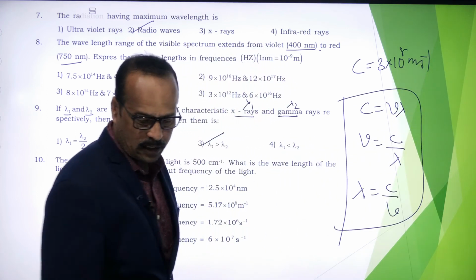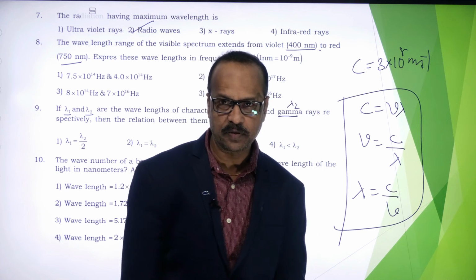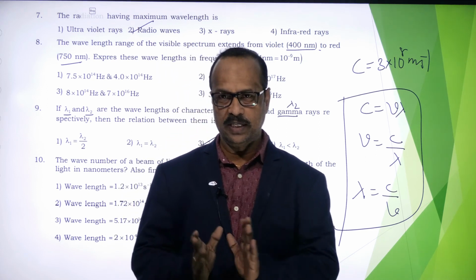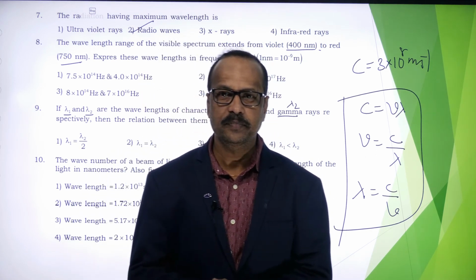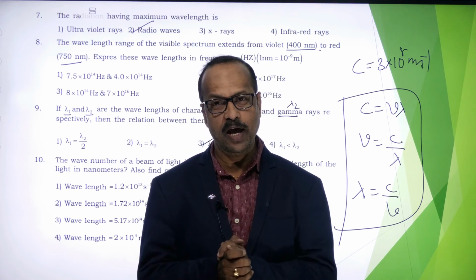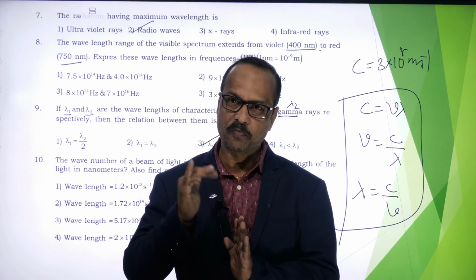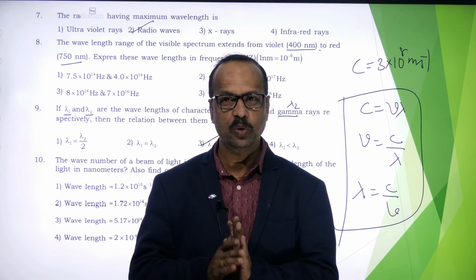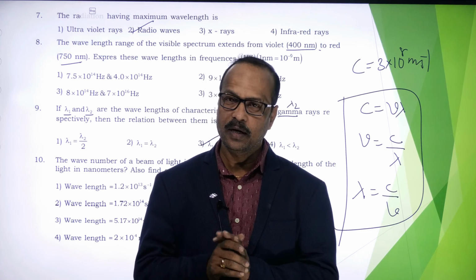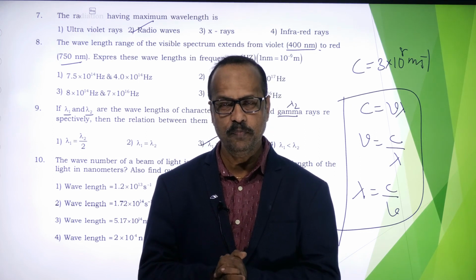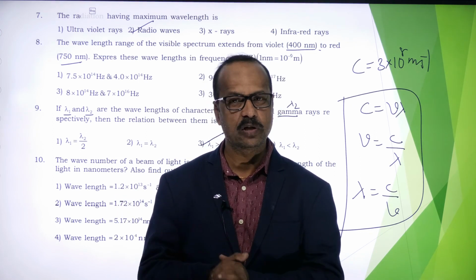And as I already told you, and in physics also you might have learned the conversion of units: 1 nanometer is equal to 10 to the power of minus 9 meter, 1 picometer is equal to 10 to the power of minus 12 meter, and 1 angstrom is equal to 10 to the power of minus 10 meter. By doing the conversion, you try to solve the problems.